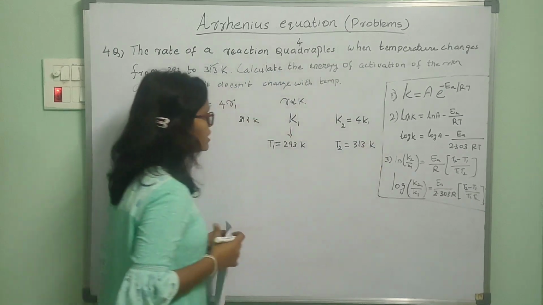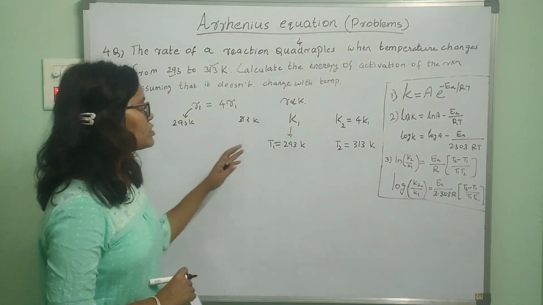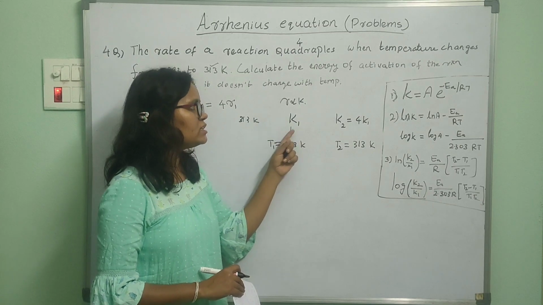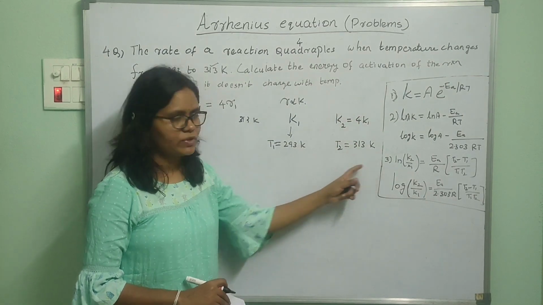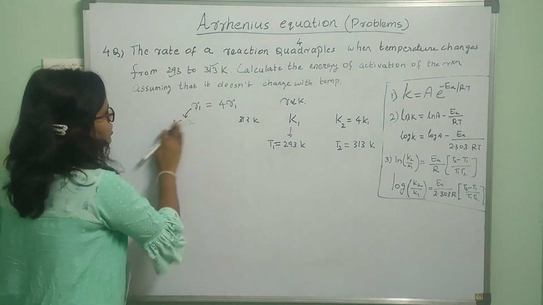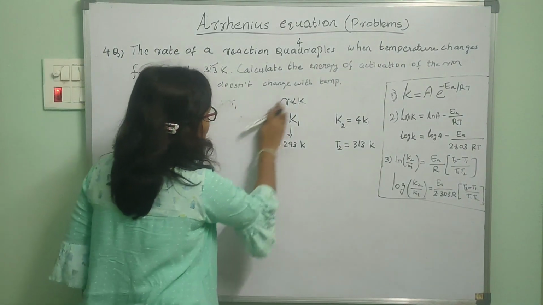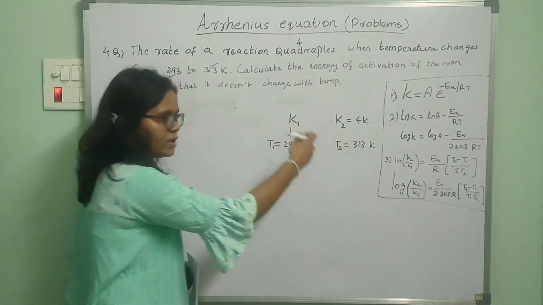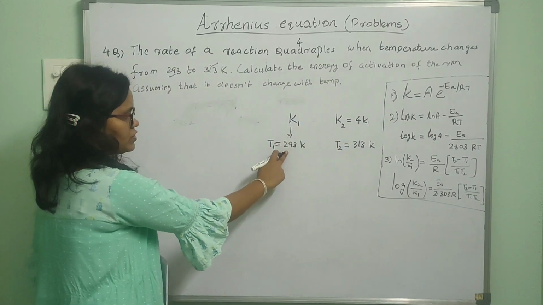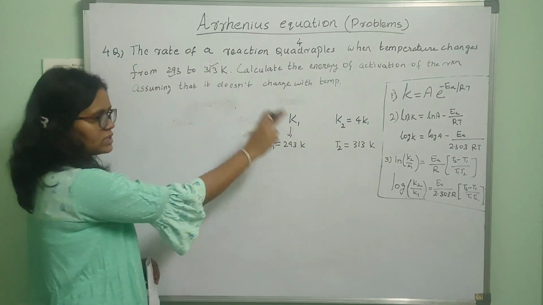So they have not given the values of rate constants. They have just said that the initial rate would become 4 times at 313 Kelvin. Okay. So this is the data they have given. So we have initial rate K1, the final rate would be 4 K1, T1 is 293 Kelvin and T2 is 313 Kelvin.